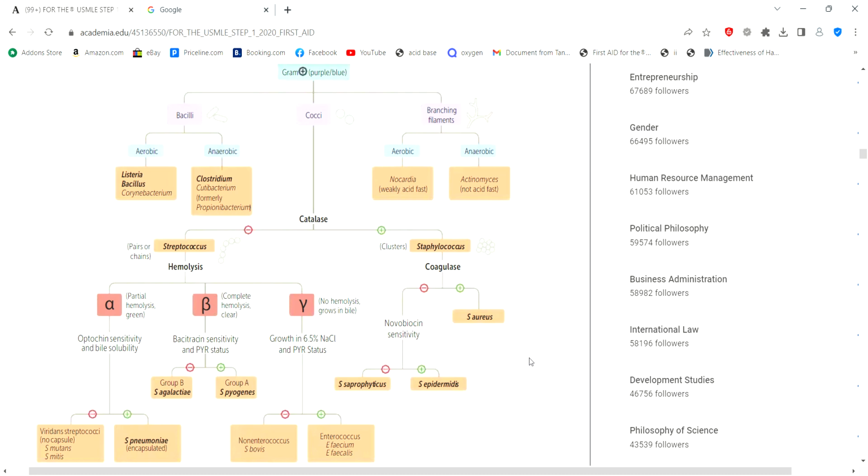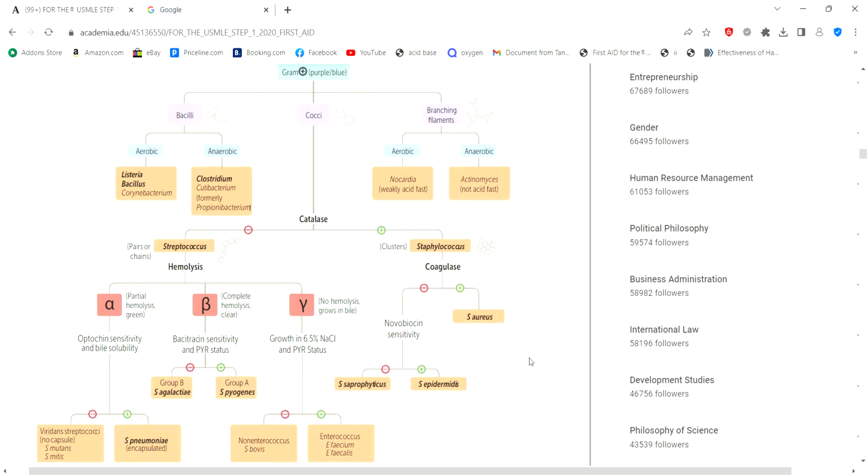Okay, now we said Staphylococcus saprophyticus and Staphylococcus epidermidis are both urease positive. Urease positive means the bacteria break down urea to make ammonia.